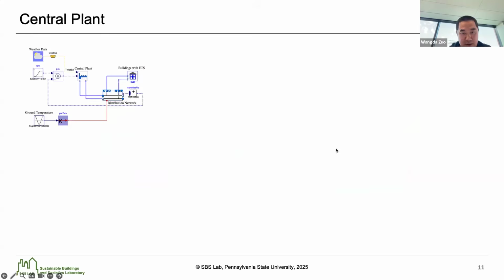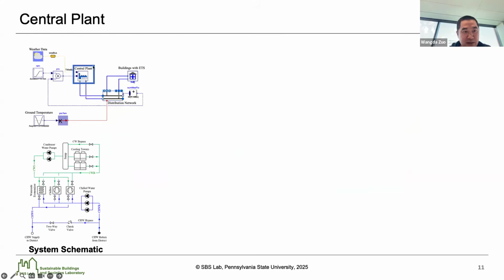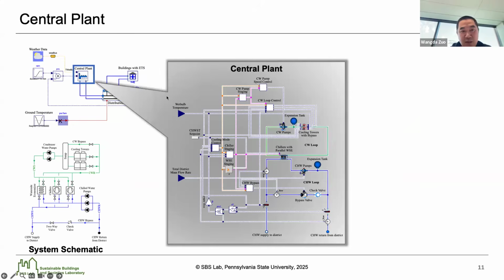Looking at the chilled water plant, the central plant here, this is the system schematic. But if we look at the Modelica model, we can see more details. This is the cooling tower with bypass, which is critical for Colorado because in the winter, when it's cold or during the mild season, you don't run the cooling tower.